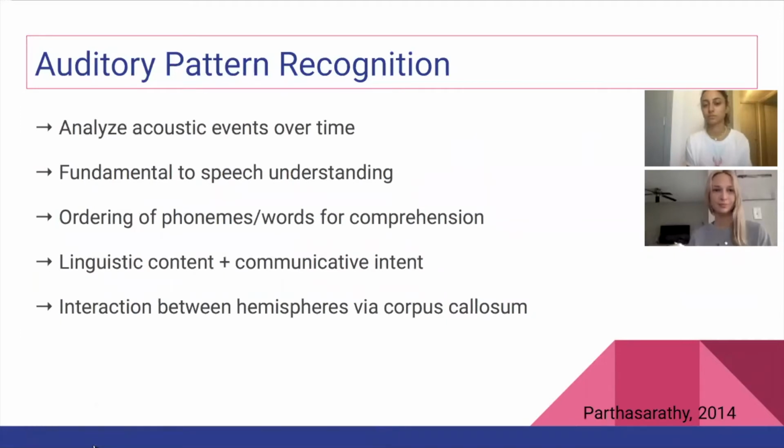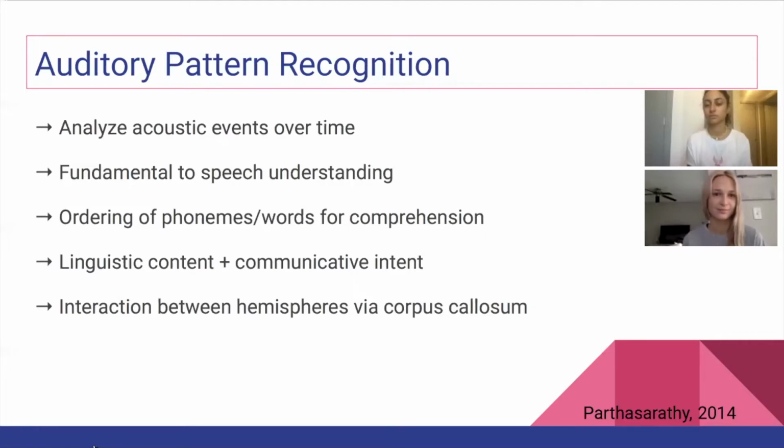So I'm going to talk a little bit about auditory pattern recognition. This is a process in the brain, and it helps us analyze acoustic events over time, like speech or music or something like that. It is fundamental to speech understanding because our brain needs to be able to put words in a certain order to make sense out of the message.